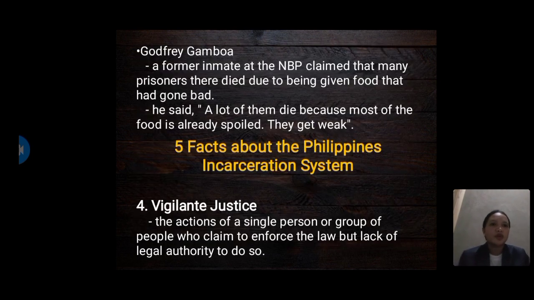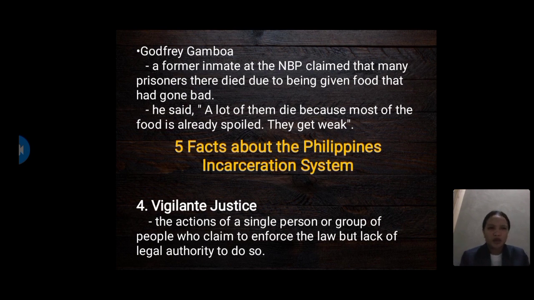So Godfrey Gamboa, a former inmate in New Bilibid Prison, claimed that many prisoners there died due to being given food that has gone bad. He said a lot of them died because most of the food is already spoiled. They get weak.